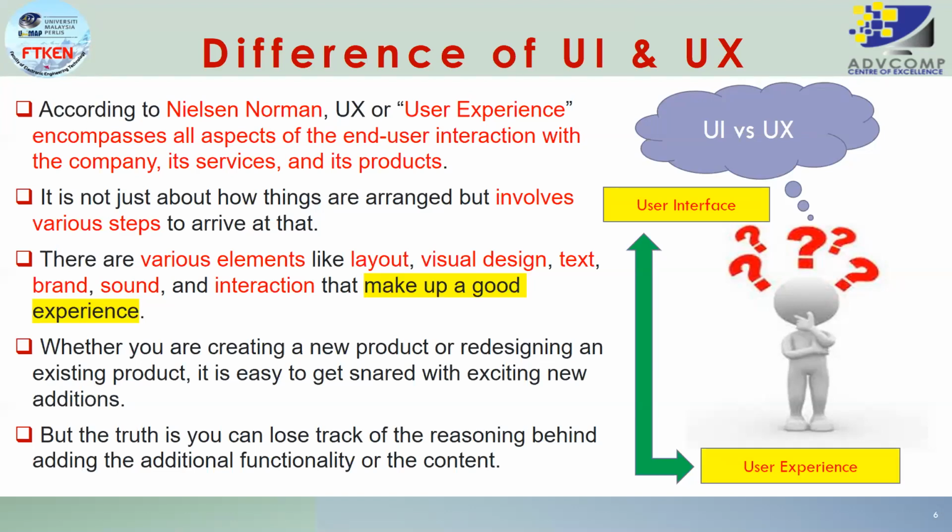According to Nielsen Norman, UX or user experience consists of the end user's interaction with the company, its services, and its products. The process involves many steps. There are many elements to be considered in order to make up a good experience: layout, visual design, brand, sound, and the interaction flow.